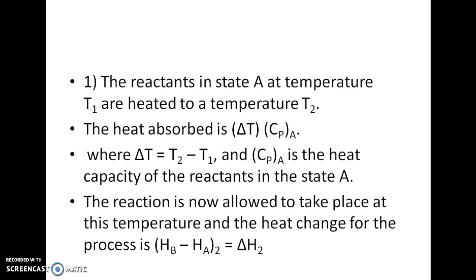The heat absorbed is given as ΔT into Cp,A, where ΔT is T2 minus T1 and Cp,A is the heat capacity of the reactant in state A. The reaction is now allowed to take place at this temperature, and the heat change of this process is Hb minus Ha at T2, which equals ΔH2.